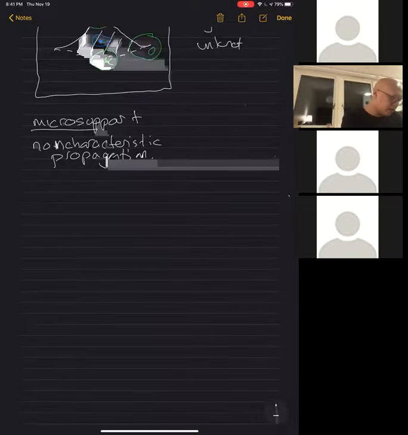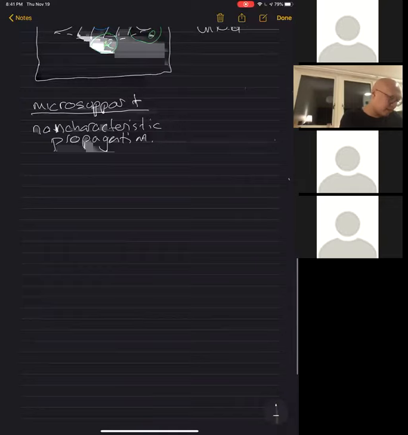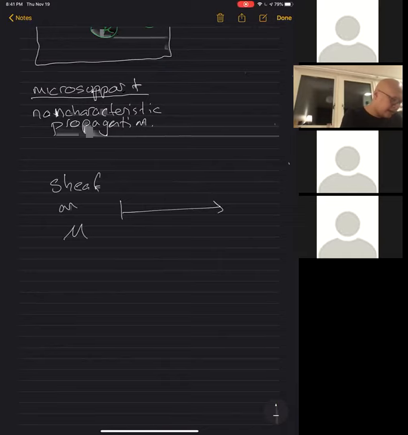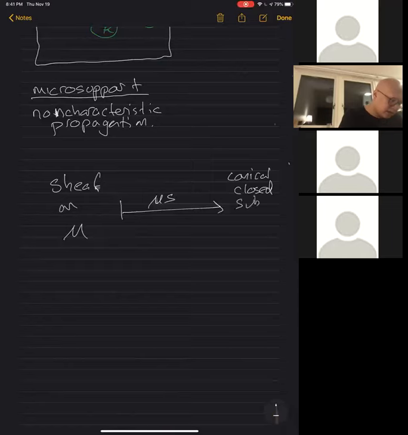So first of all, the microsupport. Just what kind of thing is it? Microsupport, to a sheaf on a manifold M, it assigns a subset, a conical, closed subset of the cotangent bundle.